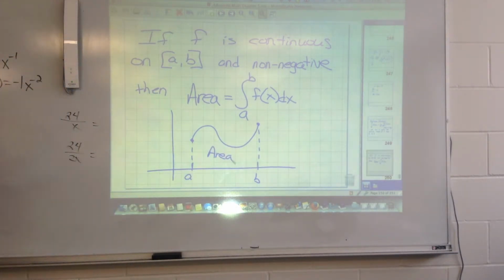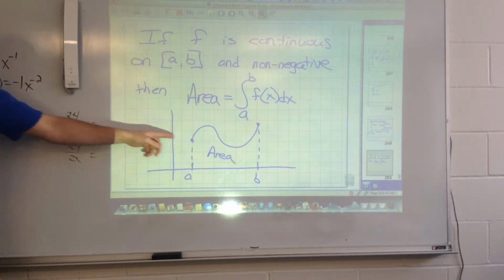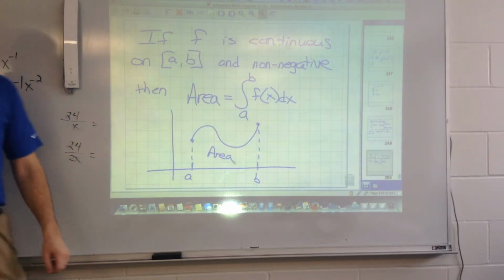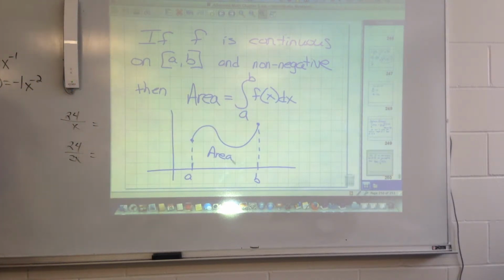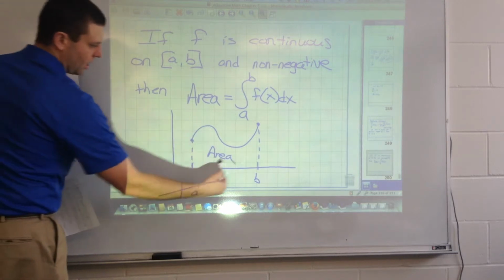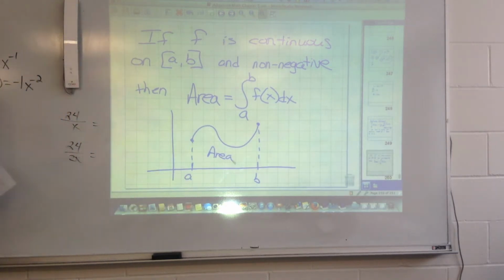Okay. So assuming the function is continuous from A to B and non-negative from A to B, so everything's above the x-axis, the area under that curve can be found using the limit rule for the definite integral.